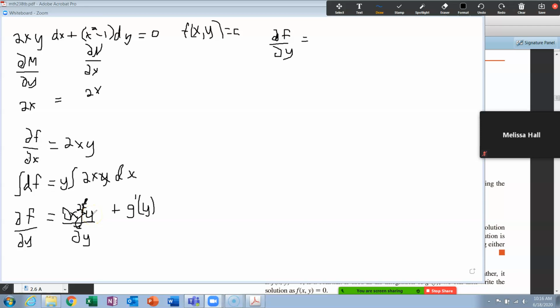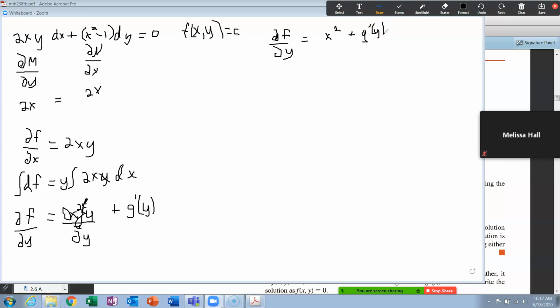Well, y is to the first power, so that's just going to be x squared, plus g prime of y. That's the derivative of g with respect to y.